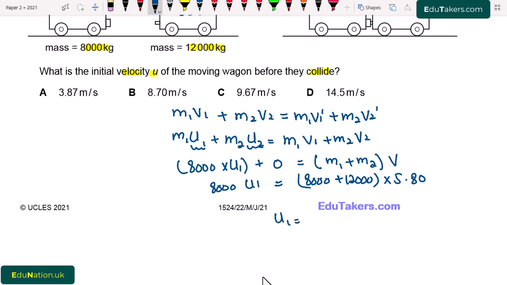From here u1 will be equal to 20,000 multiplied by 5.80 divided by 8,000, so the value of u1 will be equal to 14.5 meter per second. So D option is correct.